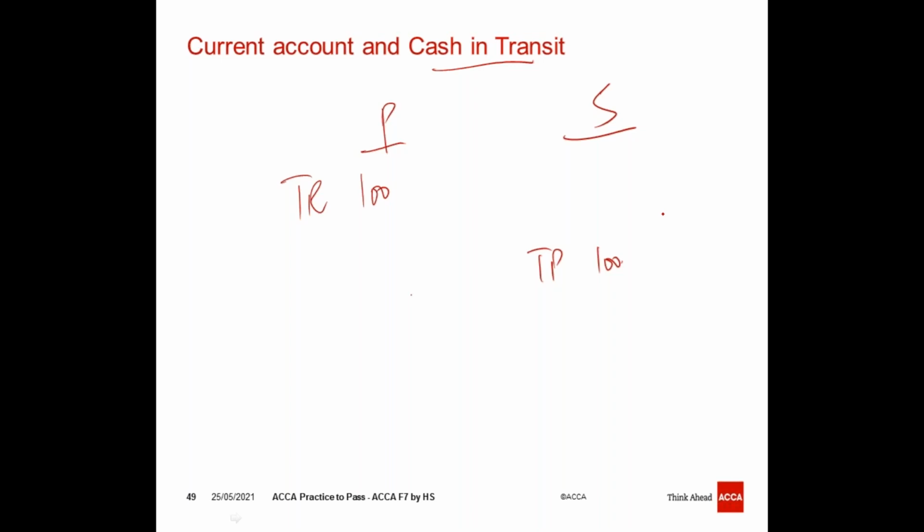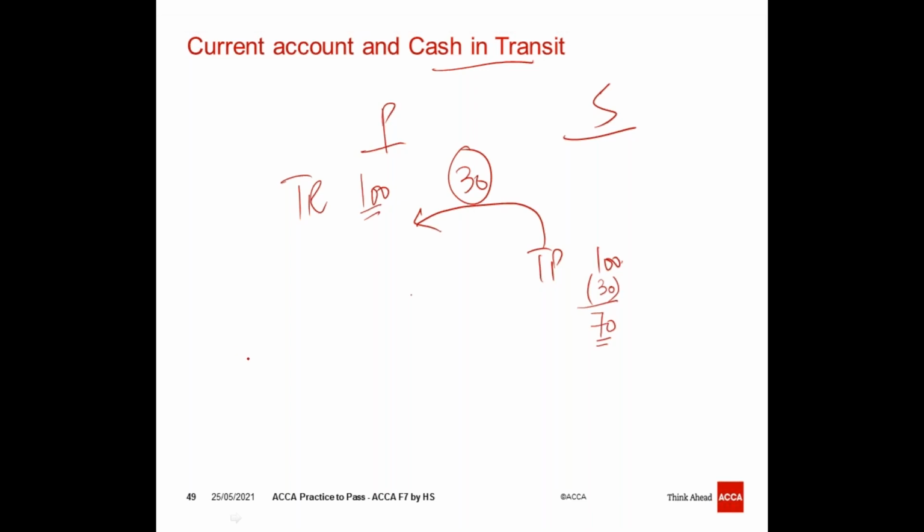But cash in transit arises when the subsidiary company has paid 30 to the parent company and its payable is now 70, which is not going to reconcile with the related receivables of the parent company. So the subsidiary company has paid the amount of 30, but the parent company has not yet received the amount of 30.